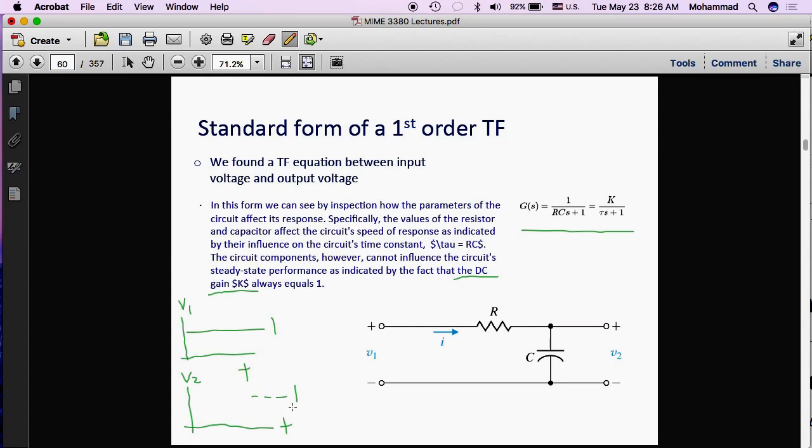But how fast will it go? You know that it will take RC, which is the time constant, to get to 0.63.